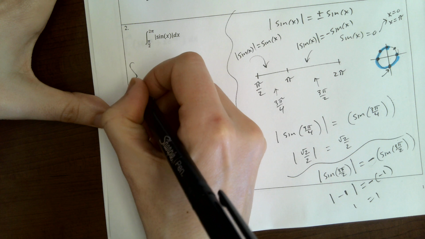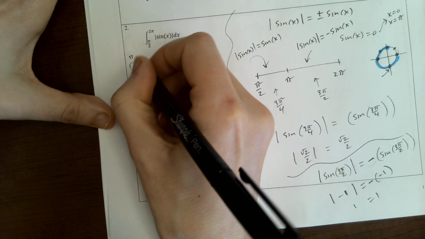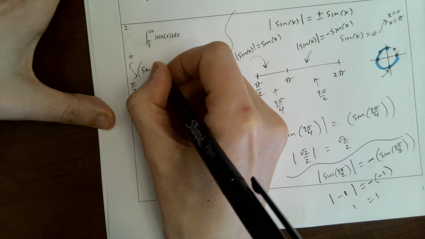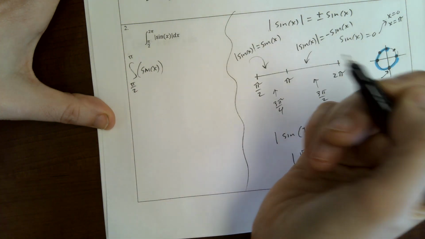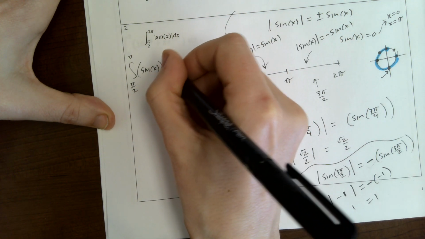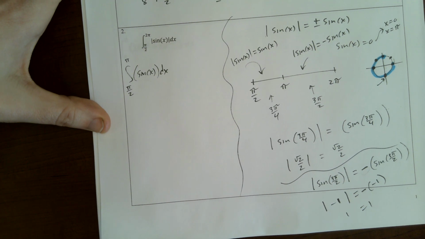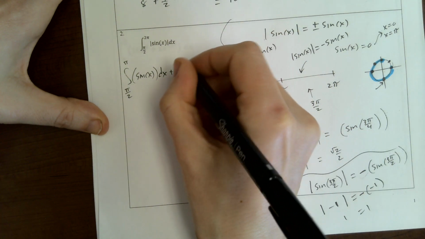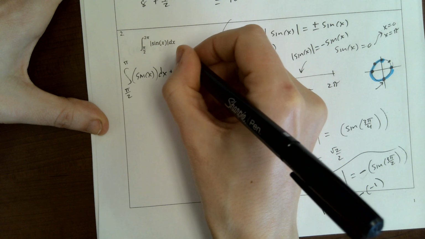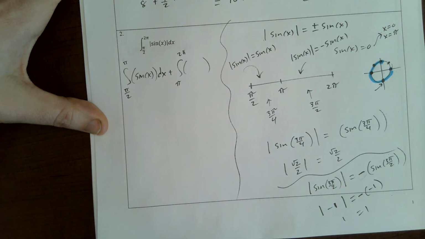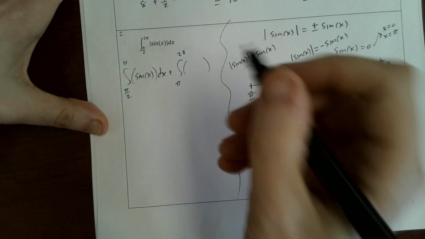So the integral from pi over 2 to pi, on that interval, you get a positive outcome regardless of whether the absolute value bars are there or not. Plus the integral from pi to 2 pi, this is the interval where you're going to get negative outcomes unless you have the bars.